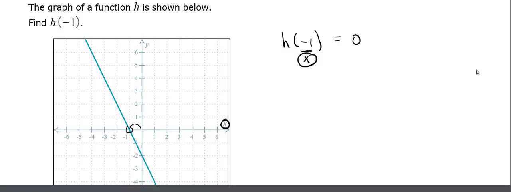Let's look at one more. Let's say we were asked to find h of -3. So we come to -3 on our x-axis, and we find the corresponding point on the graph, which we have to move up to hit that point on the graph. So the corresponding y value in this case would be 4.